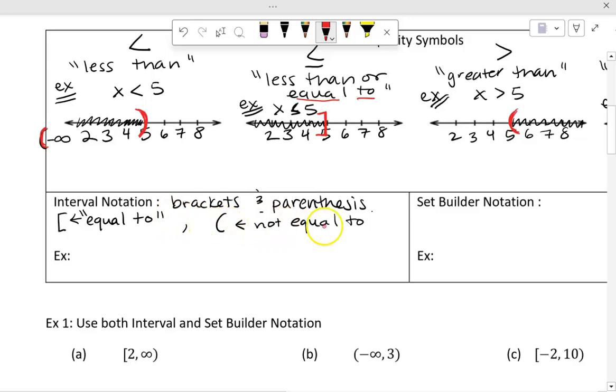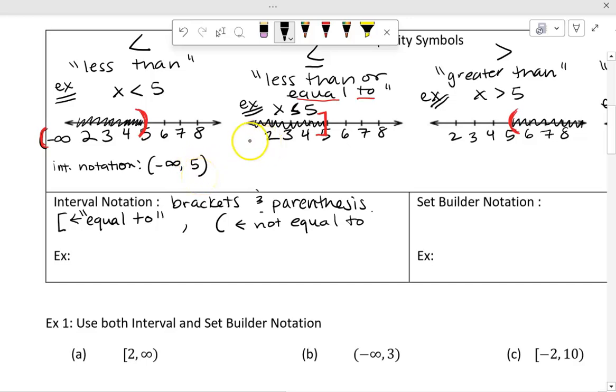Because remember, parenthesis means not equal to, and you can never equal infinity. So interval notation would be just putting those things in order on the number line, lowest comma highest, with parentheses or brackets.